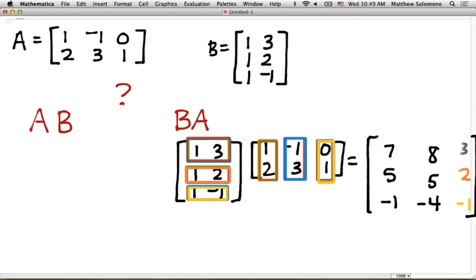By the way, what size is this product as a matrix? How many rows, how many columns? 3 by 3. How could we have known that without having to do all this computation? At least if we wanted to know the size of the product. What was the dimension of the matrix B? How many rows, how many columns?